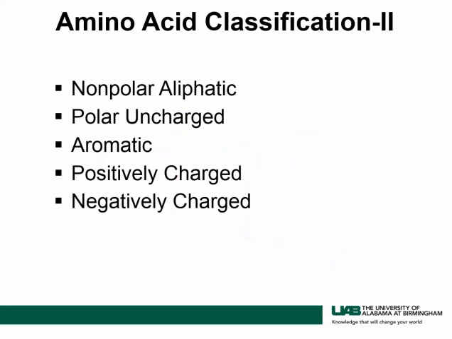The second classification of amino acids consists of 5 different groups. They're non-polar aliphatic, polar uncharged, aromatic, positively charged, and negatively charged. Now, this should bring back to memory your basic chemistry.